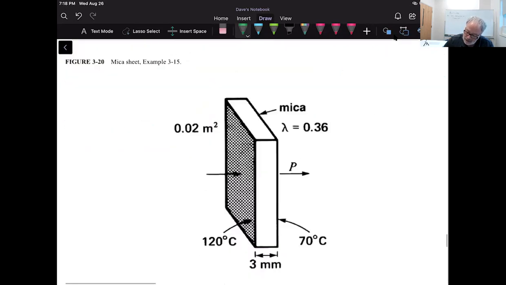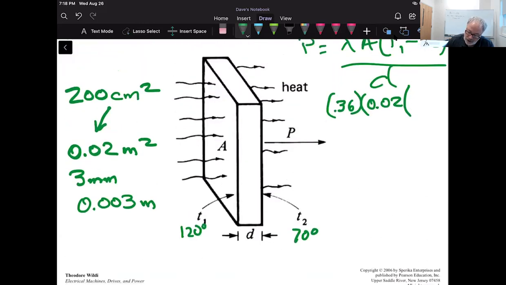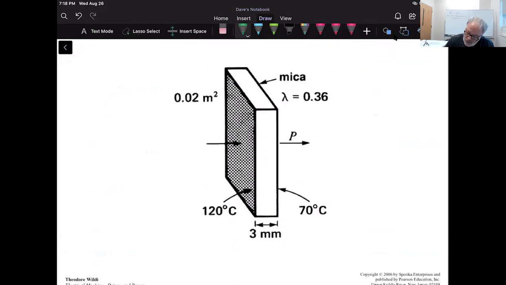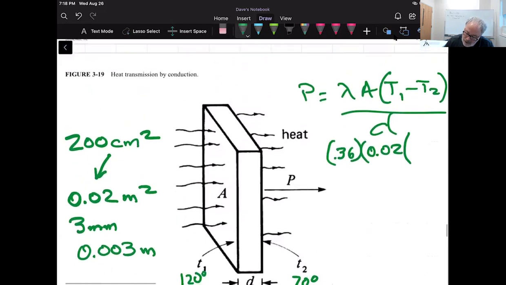And actually, I should be on this slide, shouldn't I? So this is what we're actually looking at to get these values. This is sort of a generic look at this idea of conduction, and here's our specifics here. Okay, so when you're working this problem, this is what you're actually looking at. I've already got the numbers in over here, so let's just finish this.